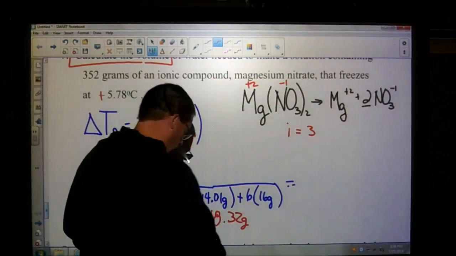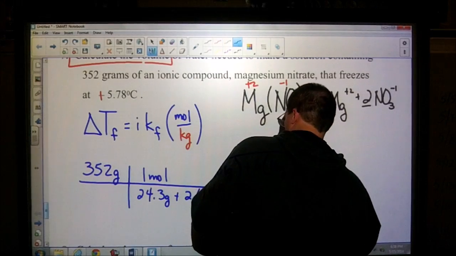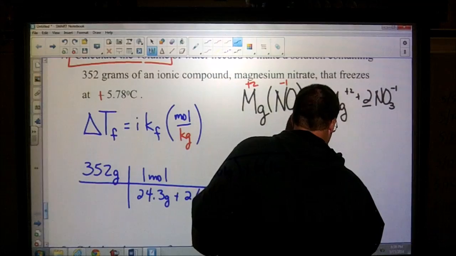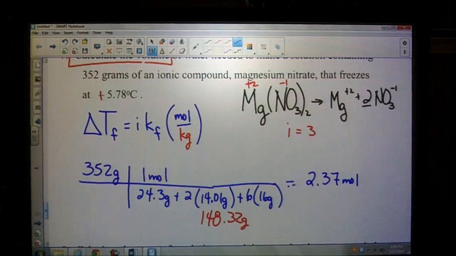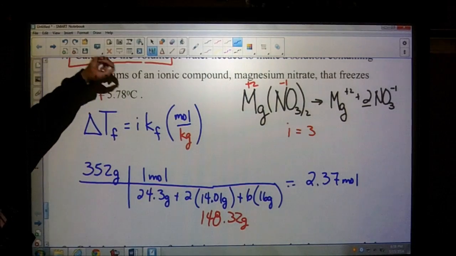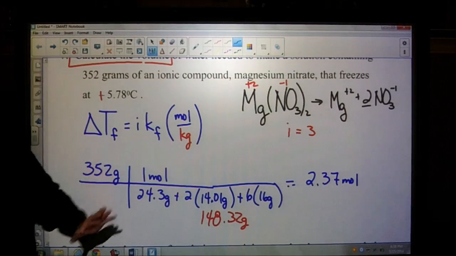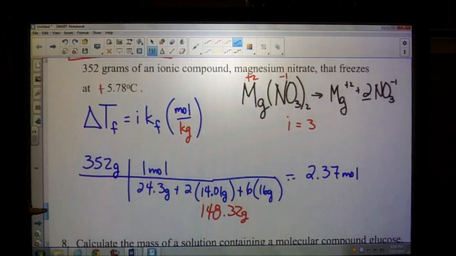So that gives us 2.37 moles. I'm going to leave that number in my calculator though. So now we know our delta Tf, we know our i, we know our Kf, and we know our moles. So what we need to do is rearrange this equation to get a better equation.